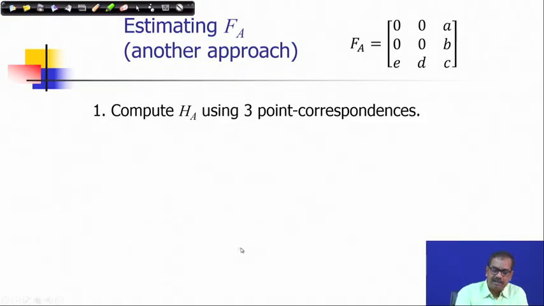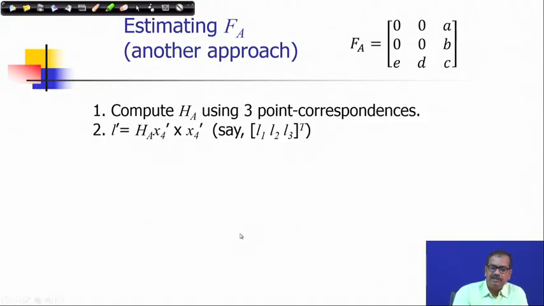So, we can do that, and then we need to compute the epipolar line. Now, in this case it is sufficient to compute the epipolar line L prime, because from there itself we can get the epipoles. The direction of the epipolar line itself will give you the epipole, because its direction is given in this form L2 minus L1, 0.